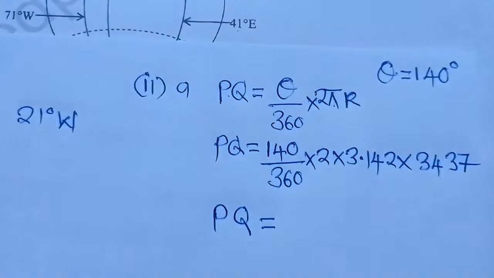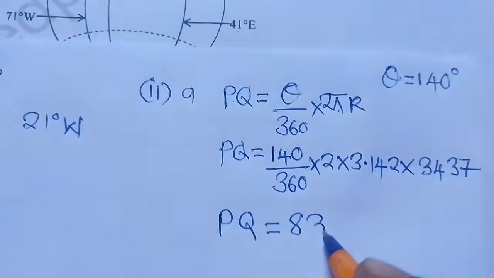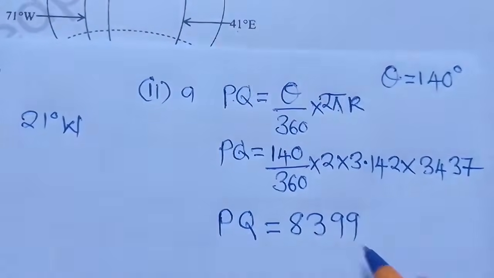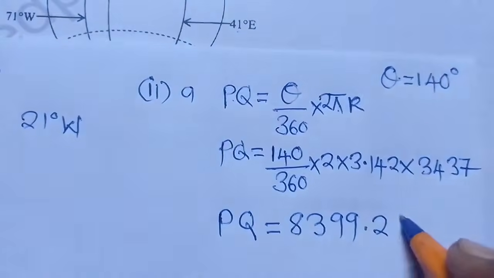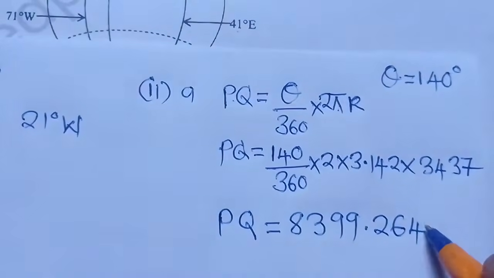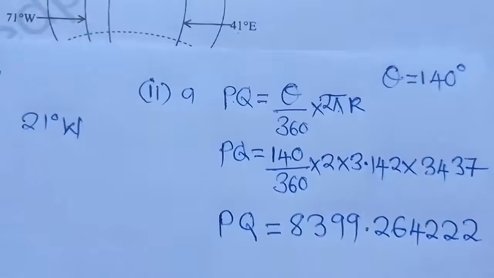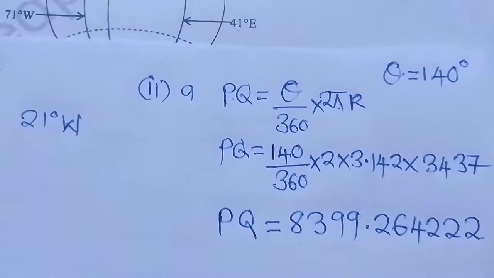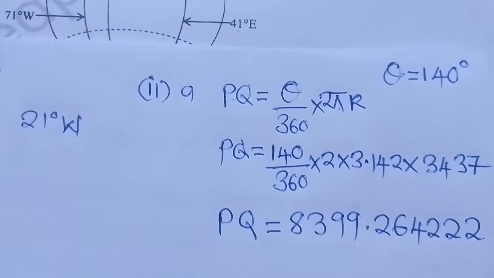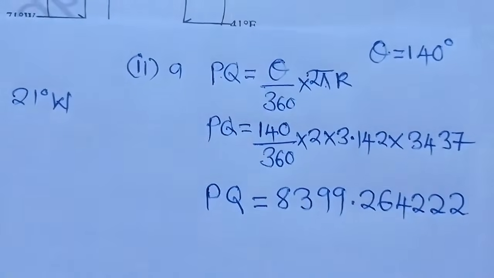What is the answer? The answer that I'm having is 8399.264222. You can confirm with me. This is the answer that I've gotten, but maybe if I've made an error somewhere in calculating, you can confirm.